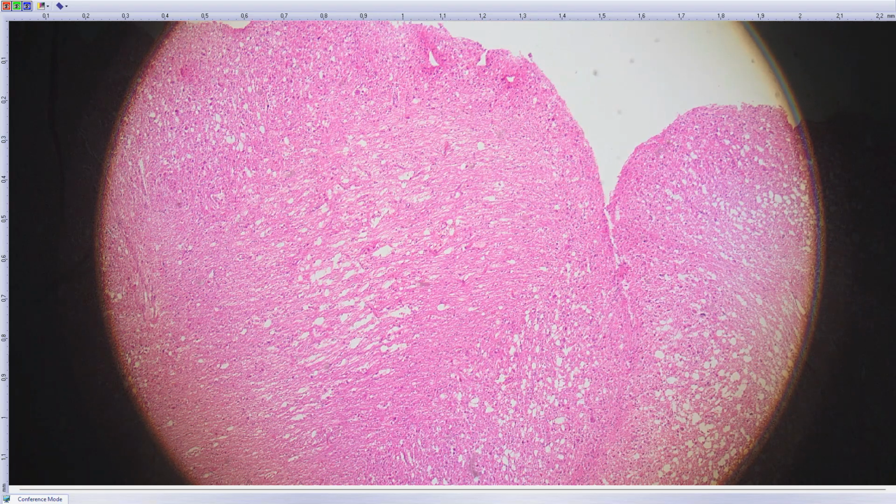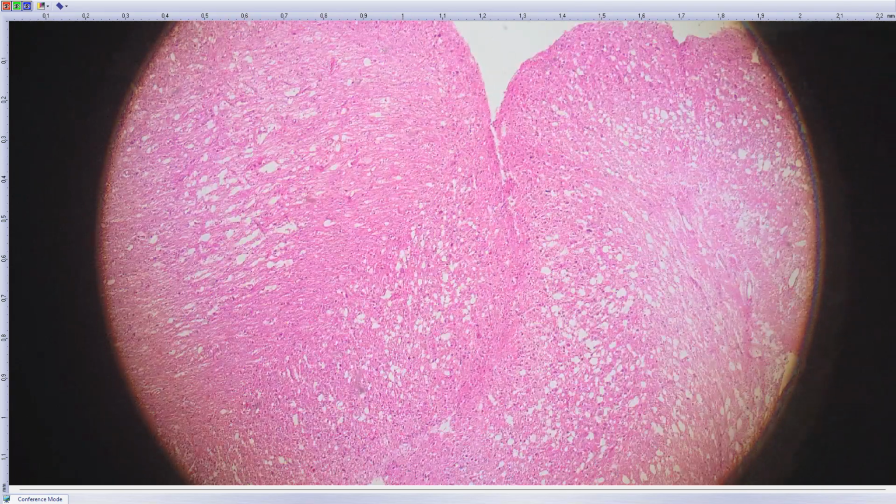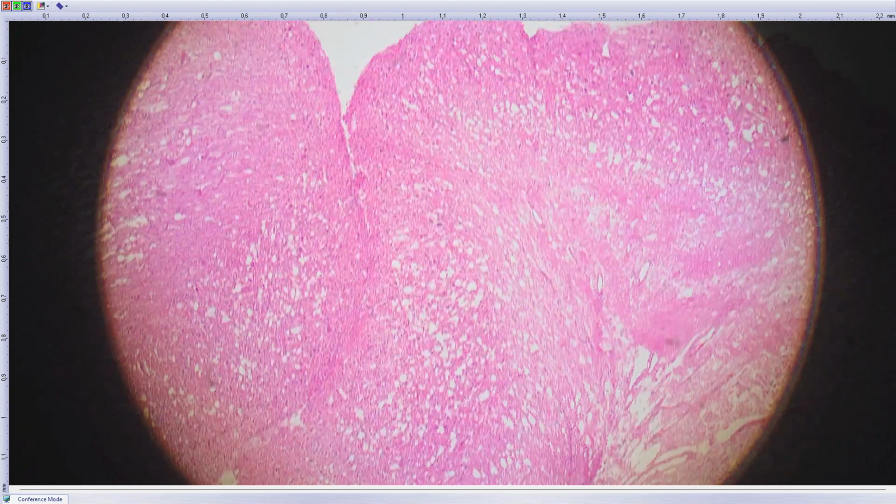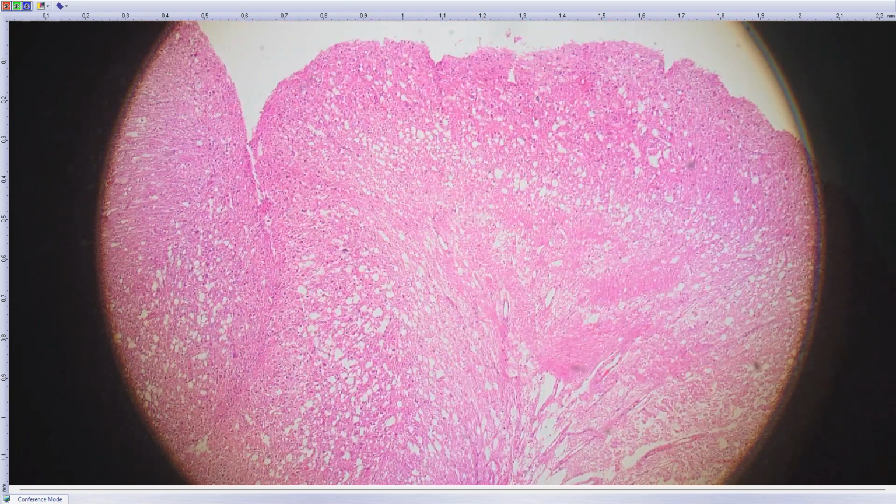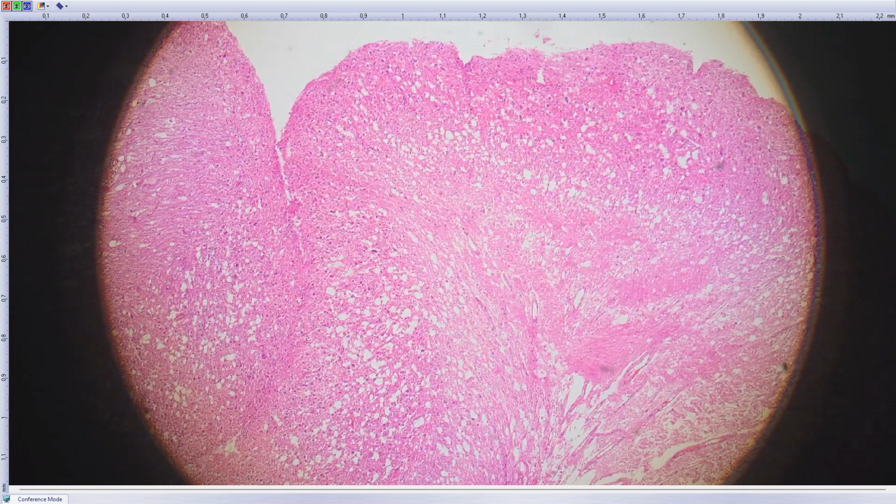The imaging findings were quite non-specific because otherwise, if the features of the lesion were typical, they would probably not biopsy the lesion. Okay, so we can see this, let's say, malformed cerebellar folia.